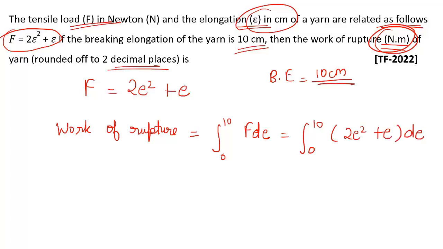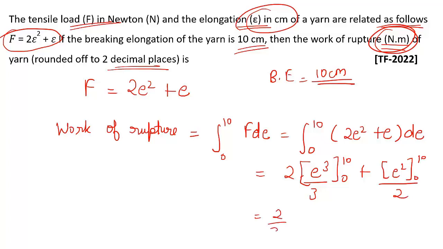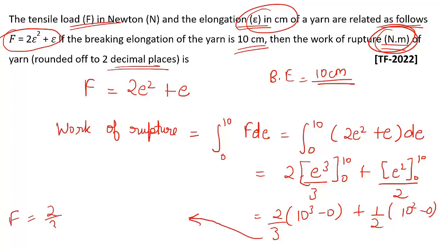times dE. If we integrate this, we get 2E cube upon 3 from 0 to 10, plus E square upon 2 from 0 to 10. That is 2 upon 3 times 10 cube minus 0, plus 1 upon 2 times 10 square minus 0, which is 2 upon 3 times 1000 plus 1 upon 2 times 100.